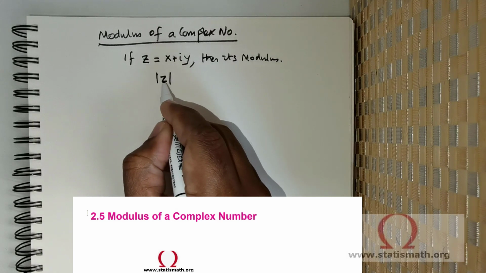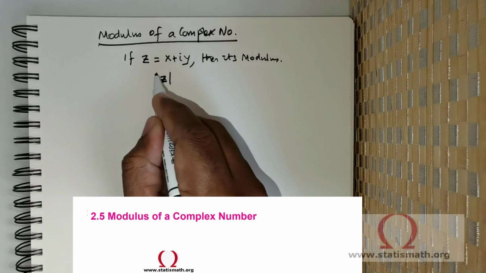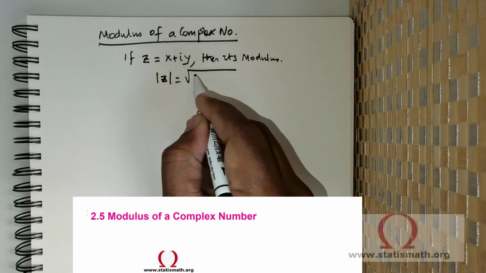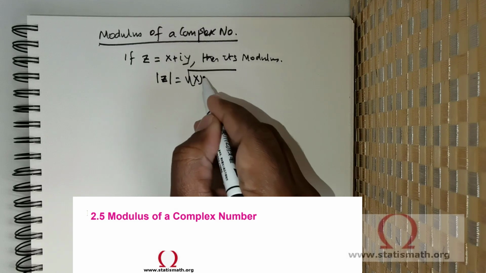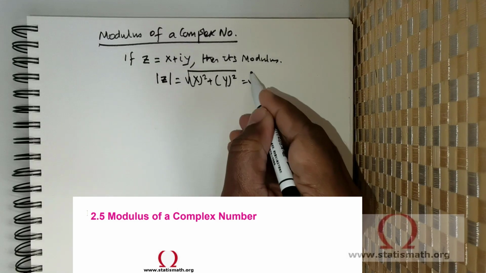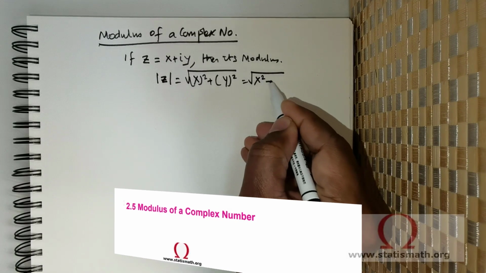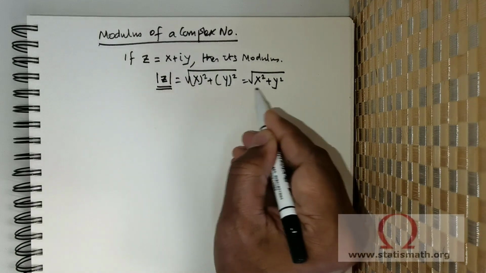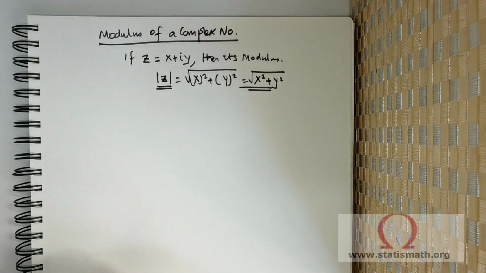You place z inside these two lines, and that is equal to the square root of the square of the real part plus the square of the imaginary part, which is rewritten as root of x squared + y squared. So this is the modulus of a complex number.